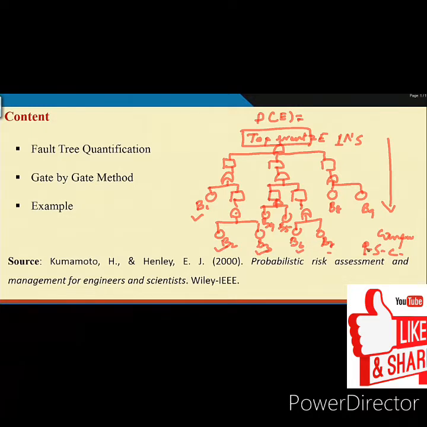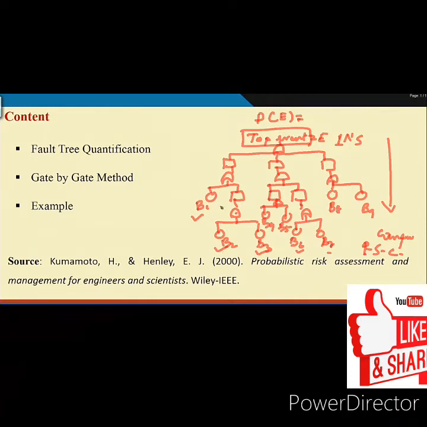As basic events are the component level events, their data is available, or data can be obtained from a reliability handbook, or from historical records, or at last maybe you will go by expert opinion, from subjective probability to objective probability computation you can do.